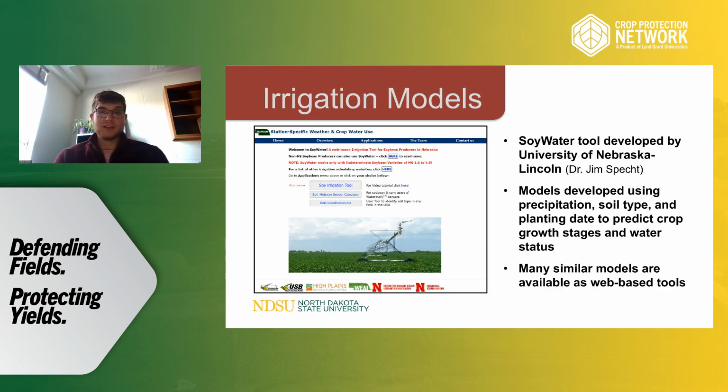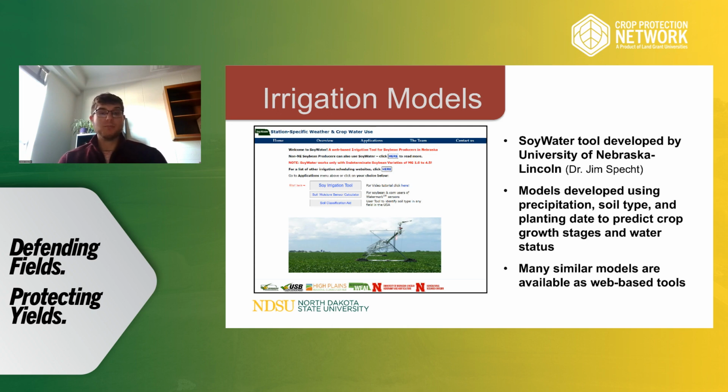When looking at irrigation models, one that stands out is called Soy Water, which is a tool developed at the University of Nebraska-Lincoln, led by Dr. Jim Specht. This model uses inputs such as the soybean variety planted, your GPS location, and the planting date.